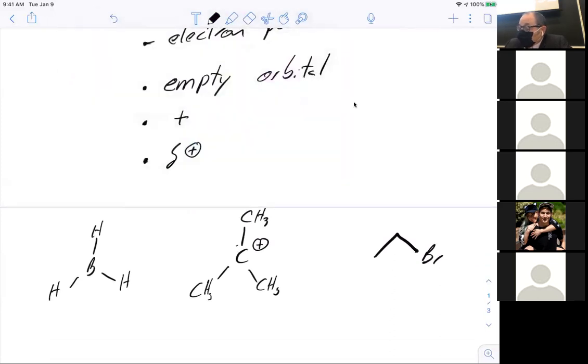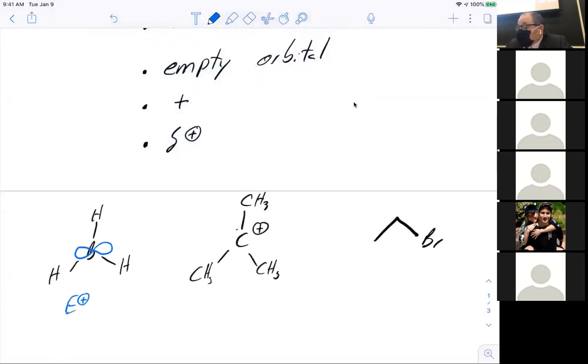So if we look at the first one here, this boron is stable with only 3 bonds. That means it's got an empty p orbital, right? Since it has an empty p orbital, this is an electrophile. This carbon only has 3 bonds. It's got a positive charge. It also means that it has an empty orbital, right?